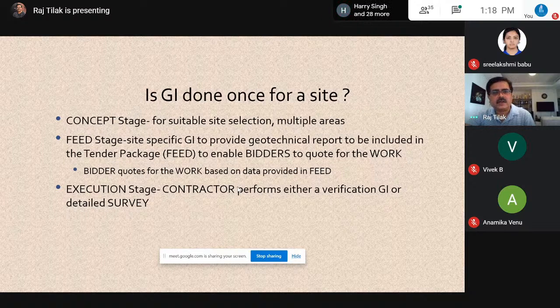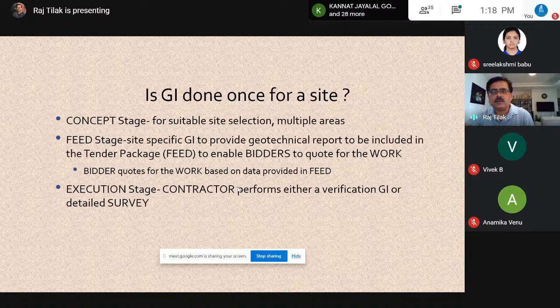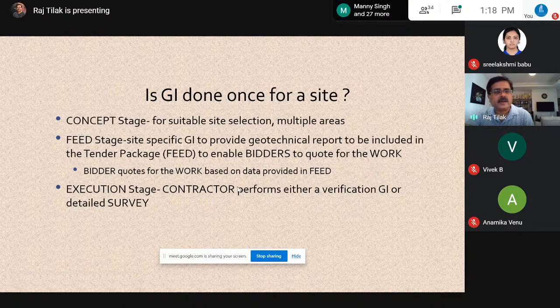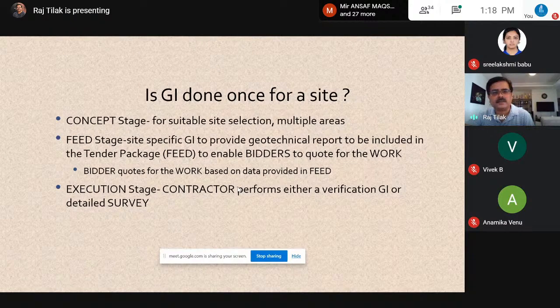So this is done, and then finally you will produce a tender document to give a feel to the contractor of what he's going to face at site in terms of soil. You do a GI investigation, and this is called a FEED GI, and then you include it within the tender package so that the contractor who is bidding for it knows whether he is bidding for a shallow foundation type of structure, which is less costly, or he will ultimately land up in piles, which is a huge cost, and a greater share of the overall project cost is taken by the piles.